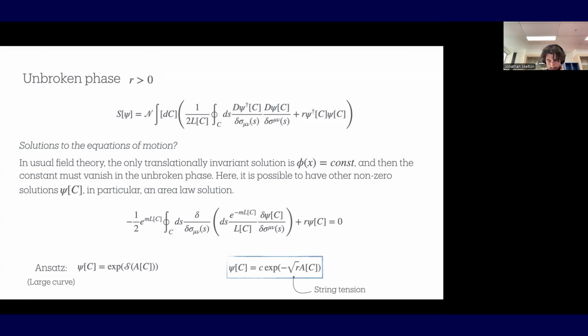What if you plug the perimeter instead of the area in the ansatz? Is there any interesting solution? Well, in the unbroken phase, the wave function should satisfy the area law. I guess that's why.